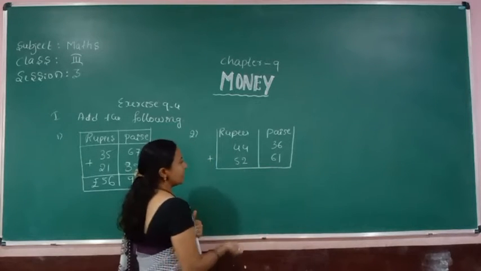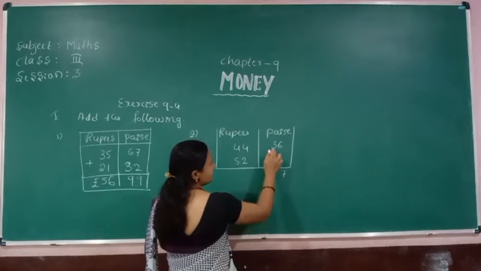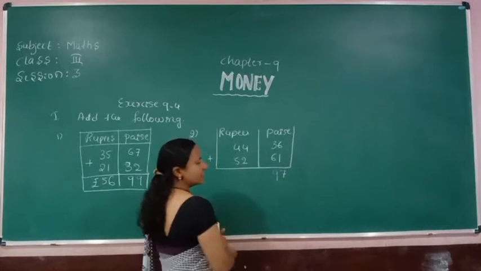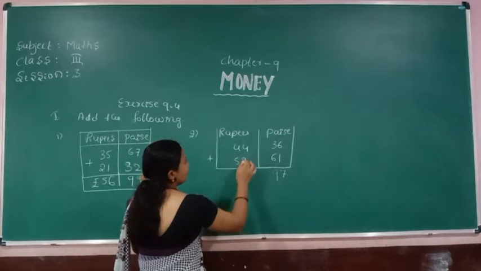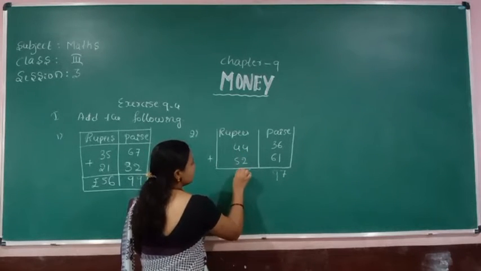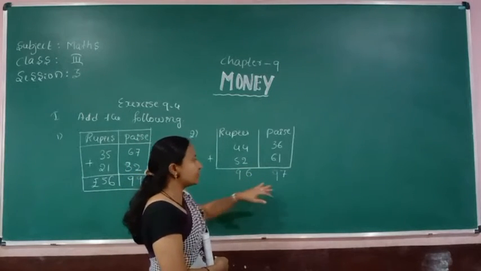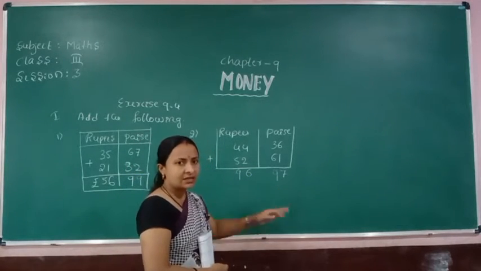Okay, so now we will add. 6 plus 1 is 7, 6 plus 3 is 9, 97 paise. 4 plus 2 is 6, 5 plus 4 is 9, 96 rupees. 96 rupees 97 paise. Understood?